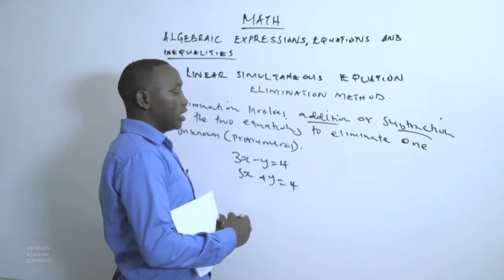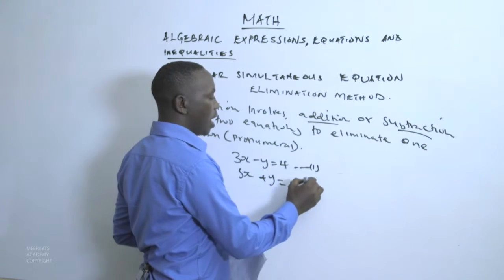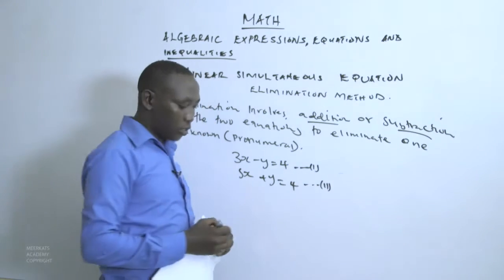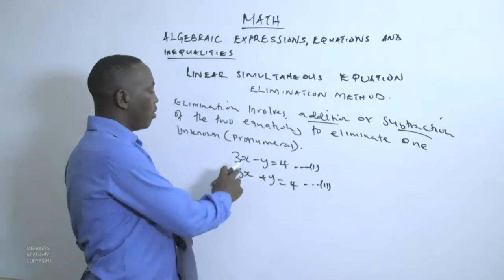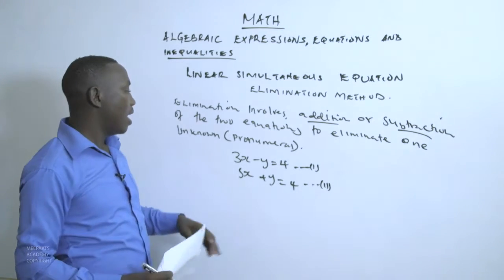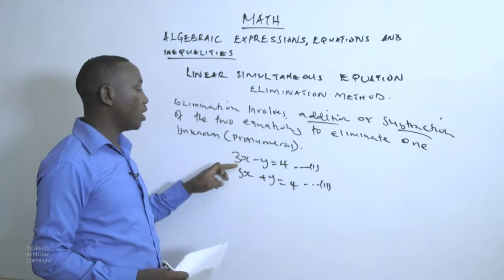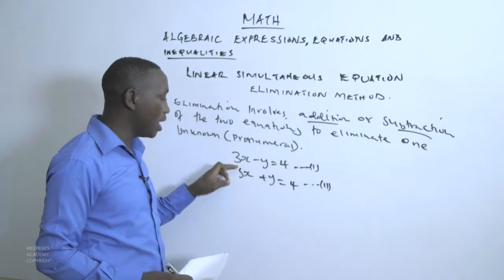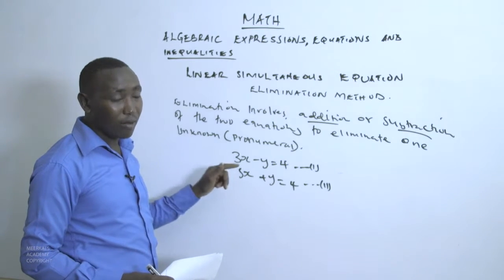If this is equation 1 and this is 2, consider the coefficients of the two pronumerals. For the first pronumeral x, the first equation has a coefficient of 3 and the other has a coefficient of 5, so they are not the same.